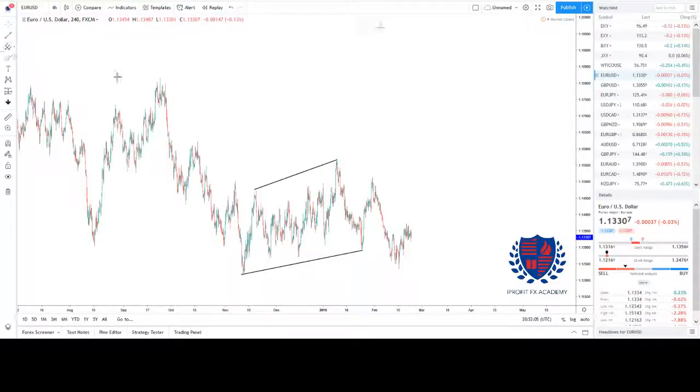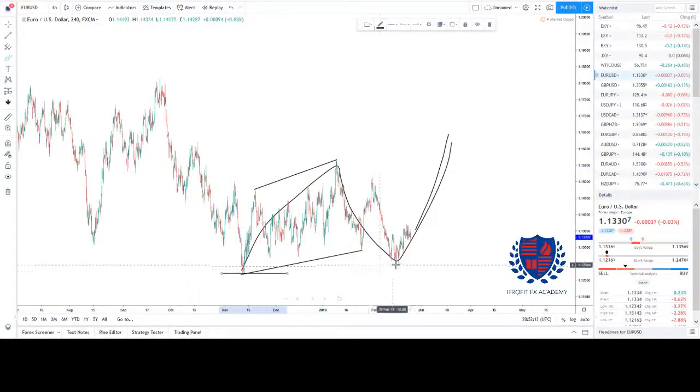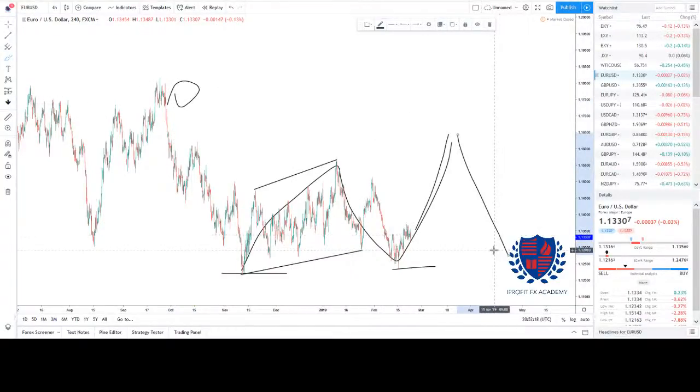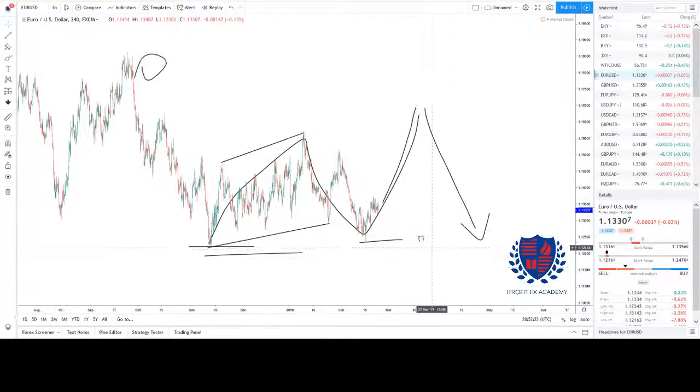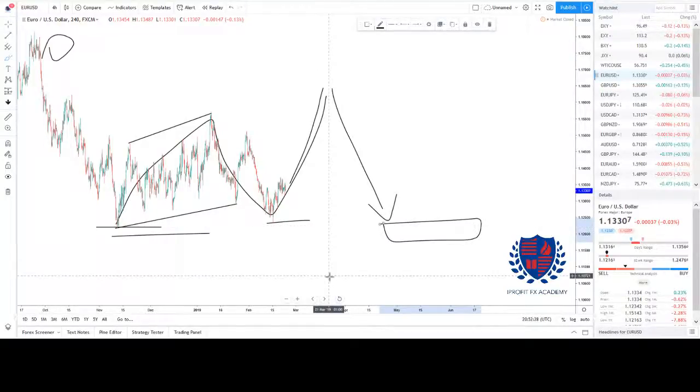We could have a move up here, which would give us the completion of the third wave, as we do not have a break of this low with this down move. Testing this area, giving us a bigger three-wave correction, then we could continue down, making another lower low within this larger downtrend. That would give us reasons to buy.